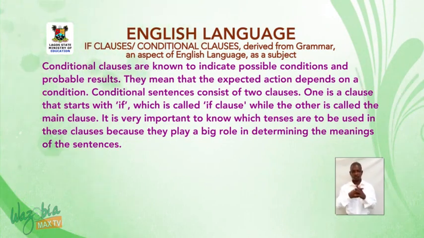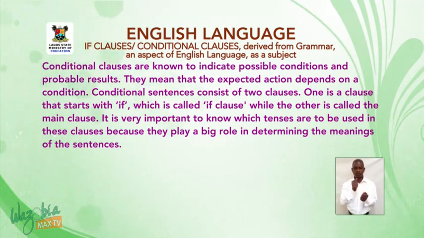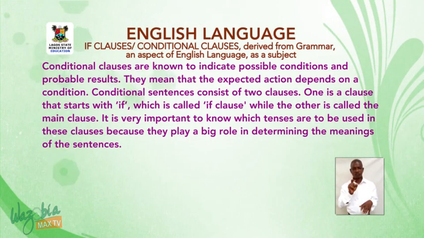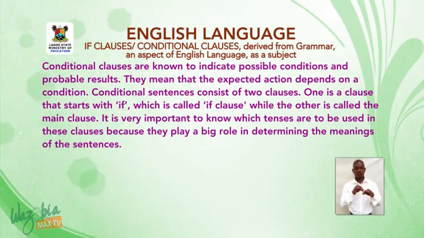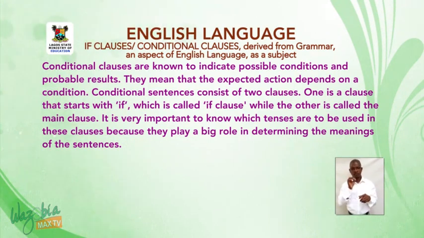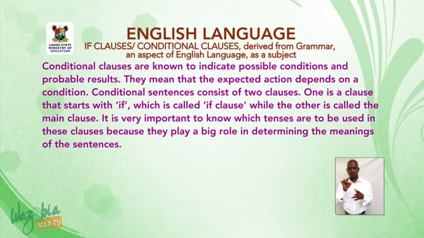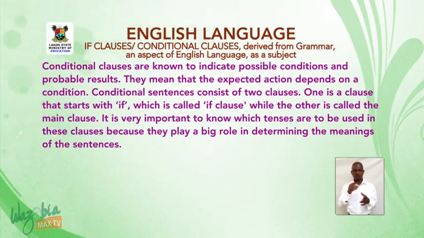One is a clause that starts with if, which is called the if clause, while the other is called the main clause. It is very important to know which tenses are to be used in these clauses because they play a big role in determining the meanings of the sentences.